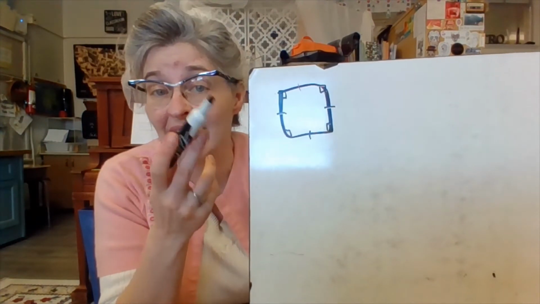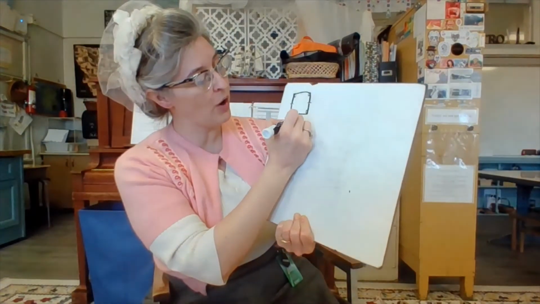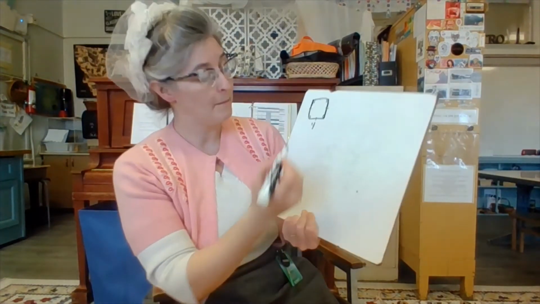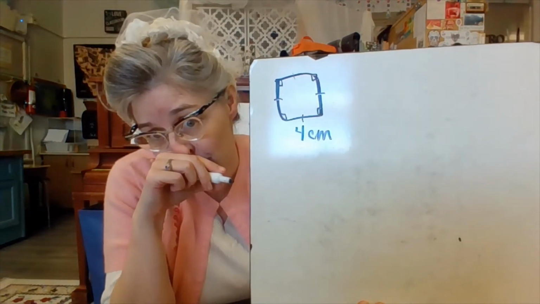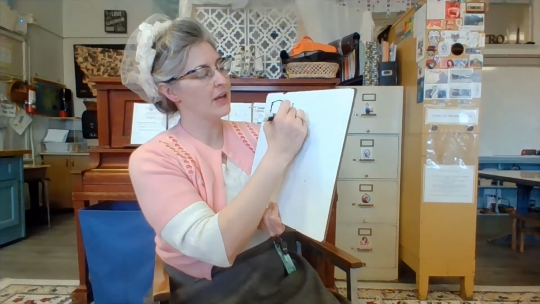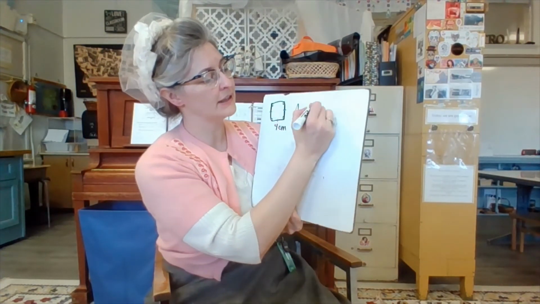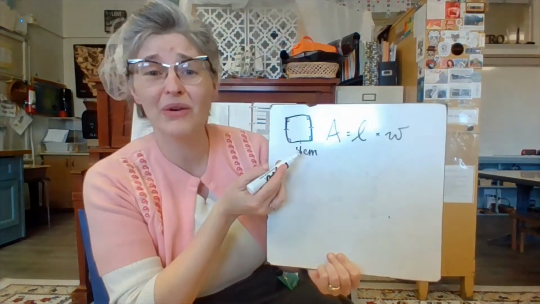Each one of these sides is the exact same length. If it only says 4, maybe this is something that is 4 centimeters. Well, how do I figure out the area? I know the area is length times width, but I only have one.